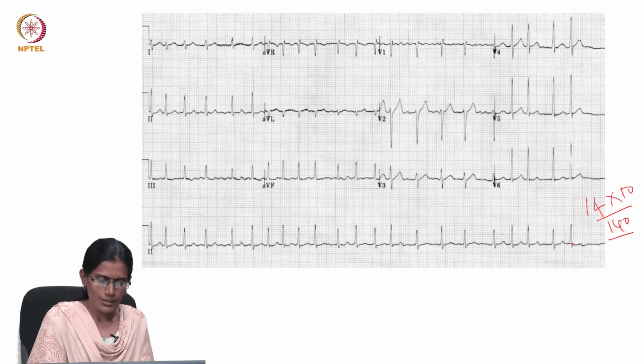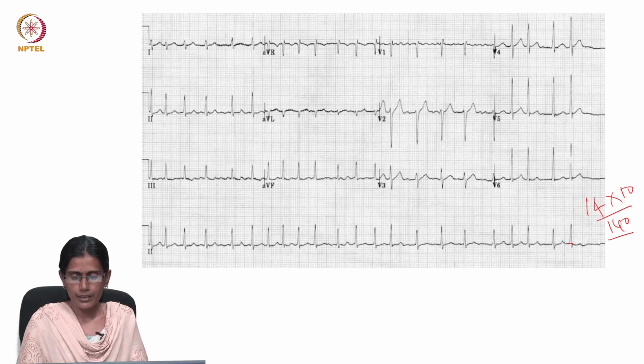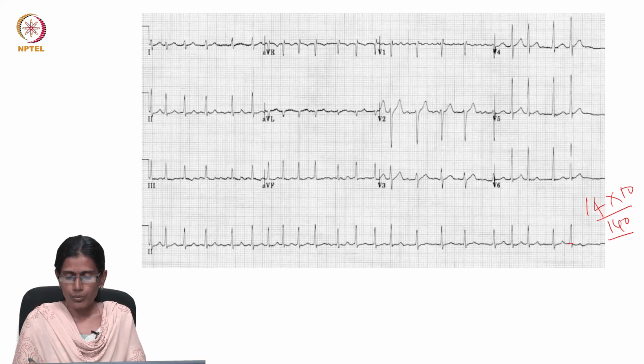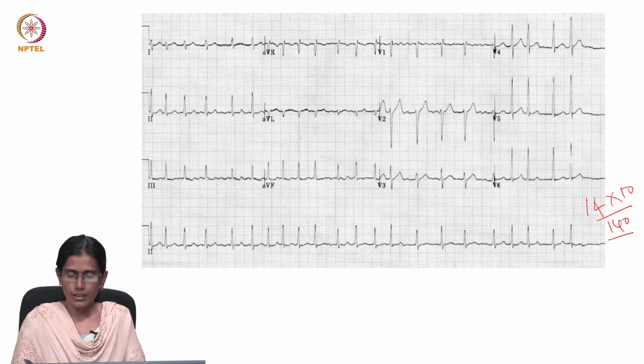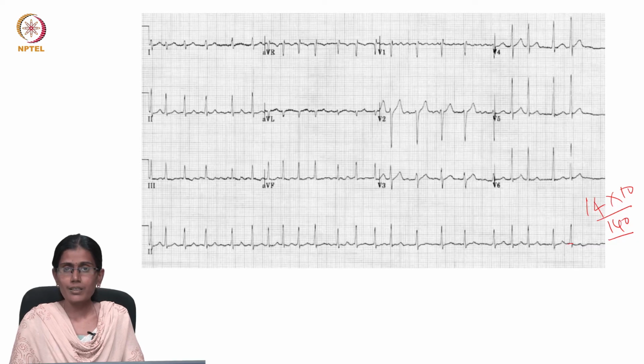These QRS complexes occur at irregular interval. So, this is an example for irregular narrow complex tachyarrhythmia. What are the differential diagnoses? Only 3 possibilities. Atrial fibrillation being the commonest cause, atrial flutter with variable AV block, and multifocal atrial tachycardia.